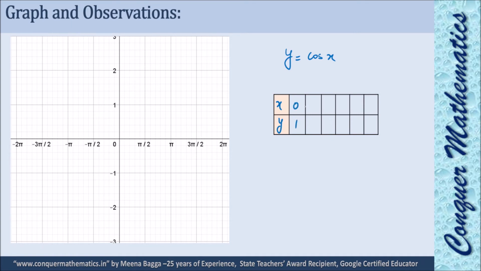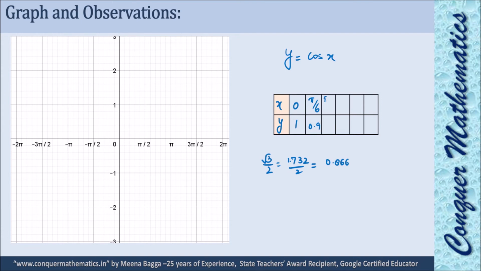If x is 30 degree means pi by 6, then cos theta is nothing but √3 by 2, and √3 by 2 is nothing but 1.732 by 2. That means 0.866, approximately 0.9. Right? We have already calculated these values in sine function.